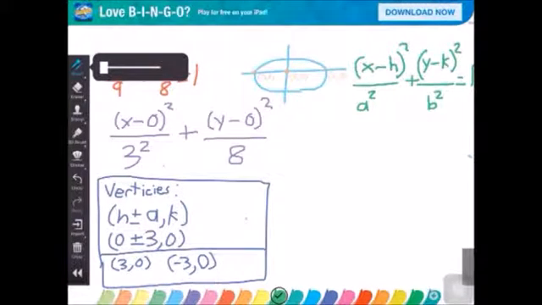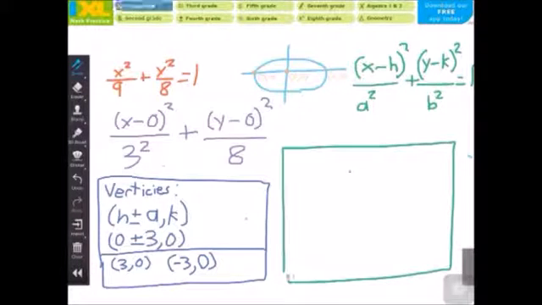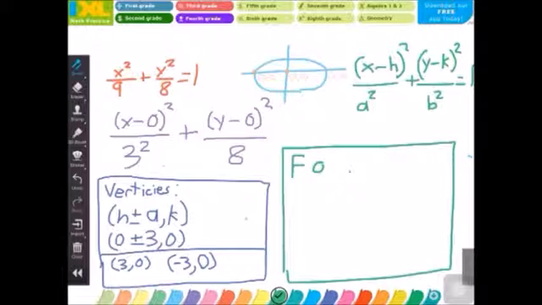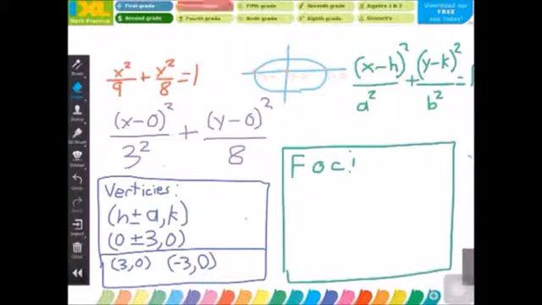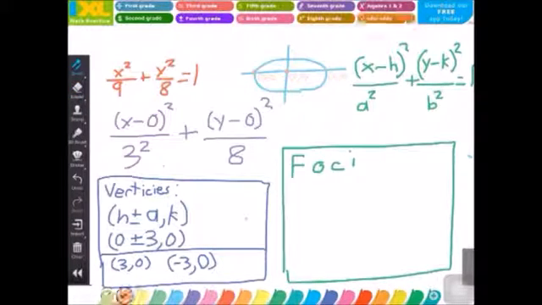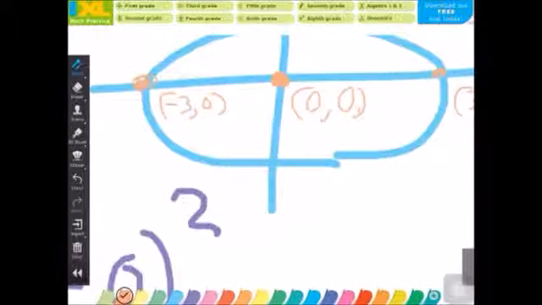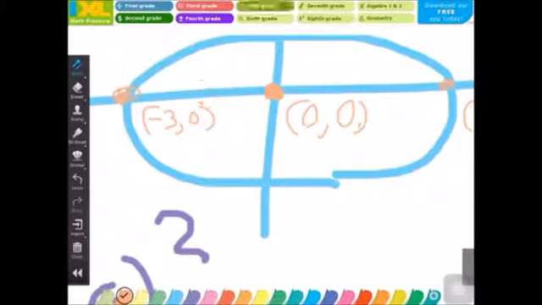So now, let's make another box just for our foci. Foci are a lot like vertices, but slightly more complicated. The foci are 2 points equal distance from the center of the ellipse.